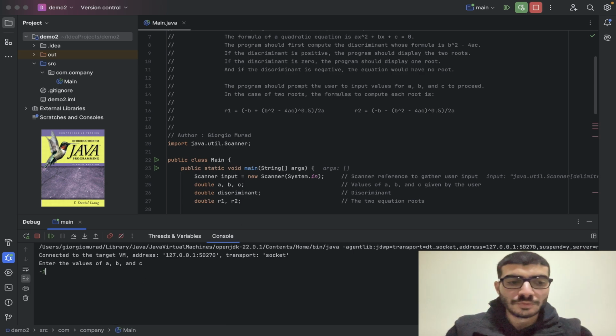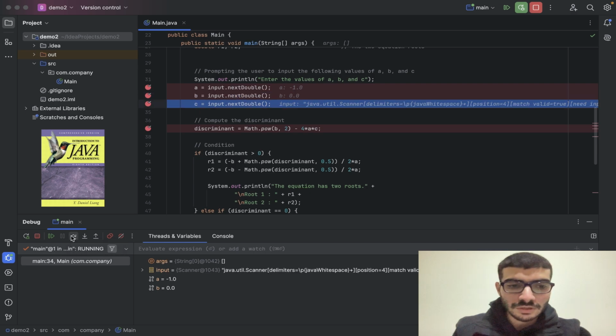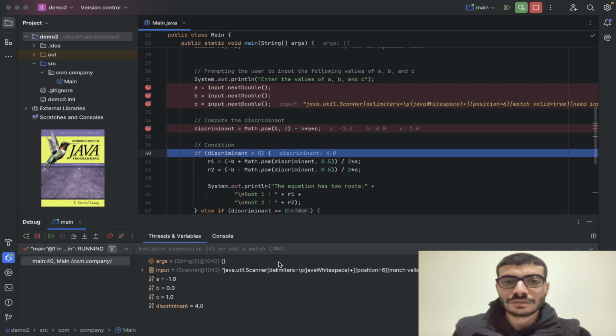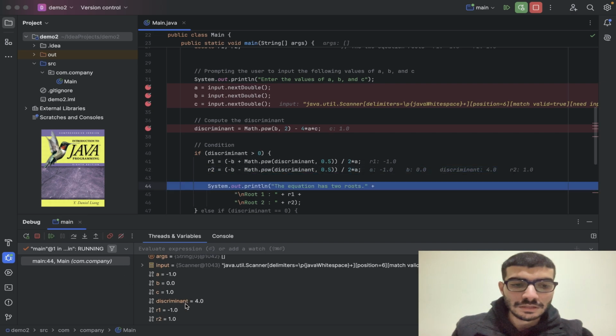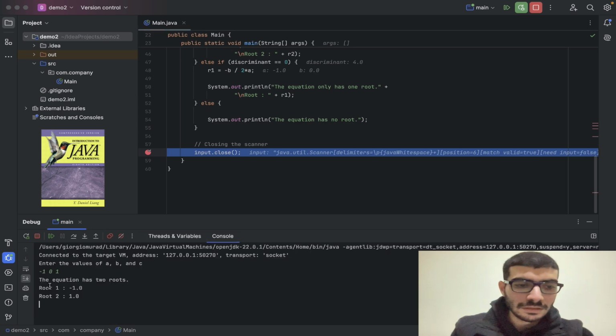So A to minus 1, B to 0, and C to 1. A minus 1, B 0, C 1. Discriminant equal 4. Okay, let's try. I got my root 1 minus 1, and root 2, 1. And the equation has two roots, root 1 minus 1, root 2, 1.